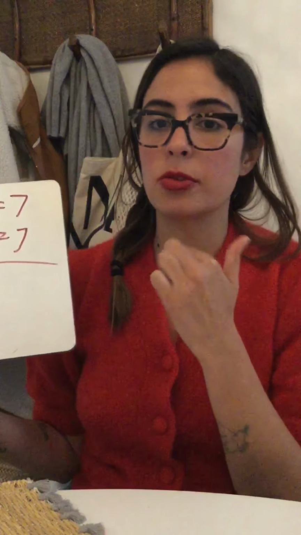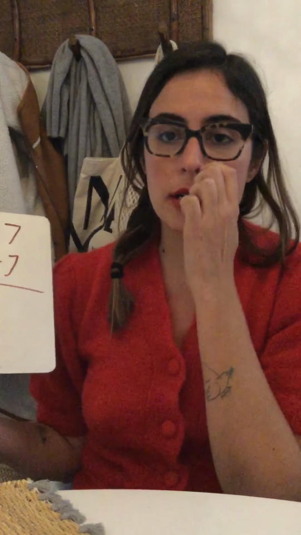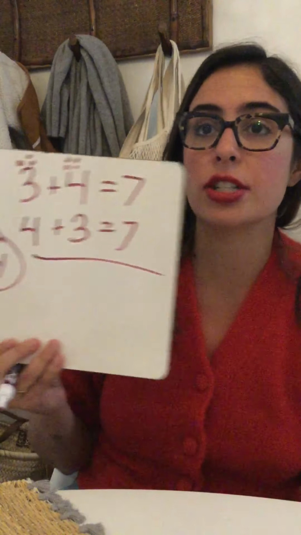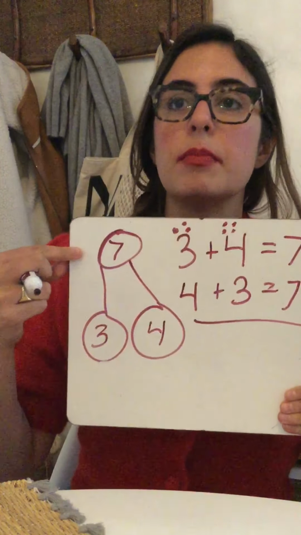Now, let's think about how, using these same 3 numbers, this same whole number and our same 2 parts, we can create a subtraction sentence, okay? So, remember, for subtraction sentences, we do whole minus part equals part. So let's start with our whole number.